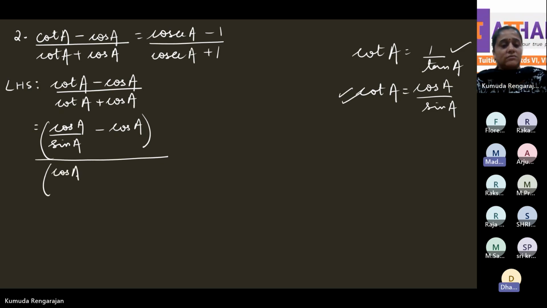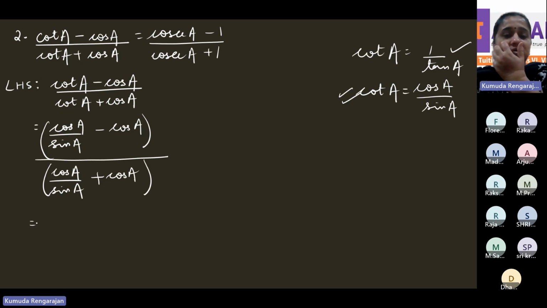Cos A by sin A, plus cos A. Now tell me, children, what should be the next step? Actually, it's not what you think. Let me see if you can find it out. No, I said no, it's not what you think. All of you are thinking about it. It's not that. It's something else. Guess what? Sin A will get cancelled.